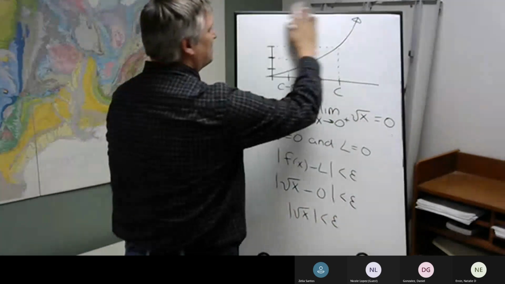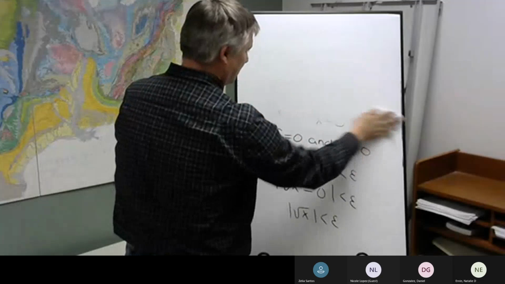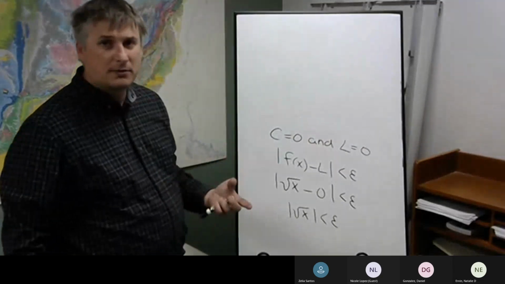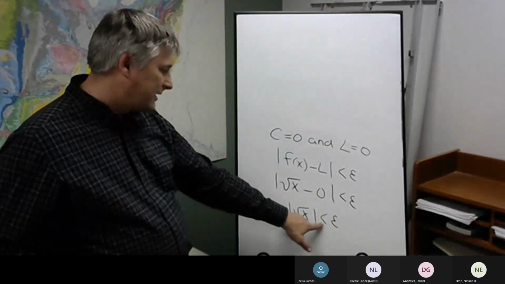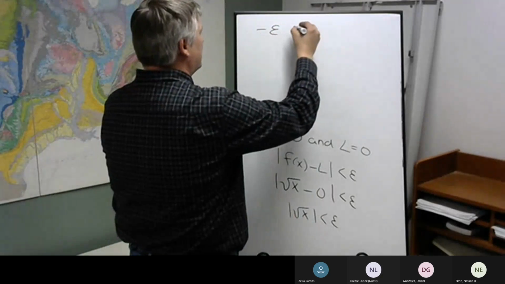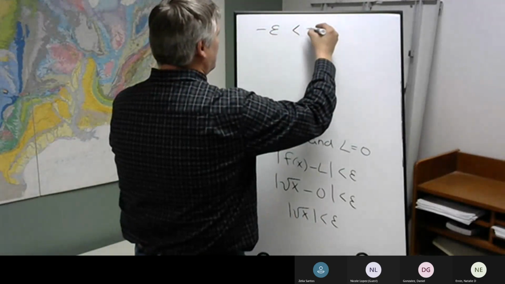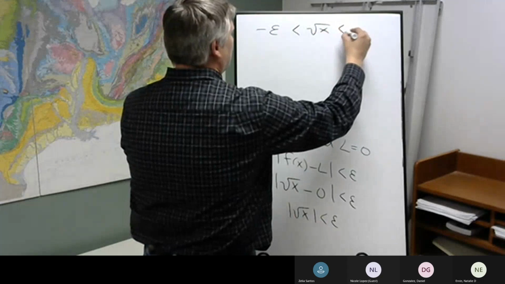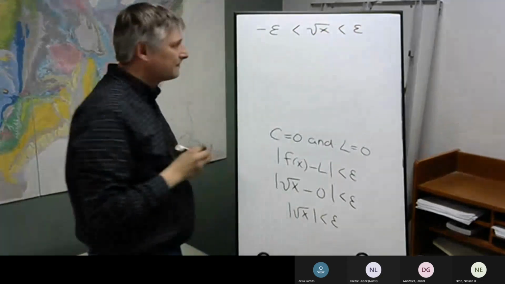Now, in the past, what we would do, and we'll still do this here, we can break this up: negative epsilon less than square root of x less than positive epsilon.